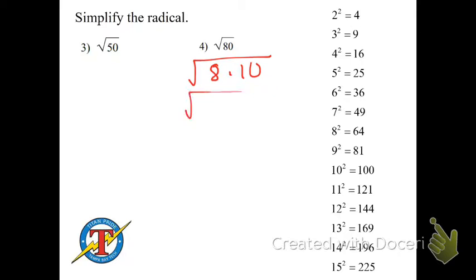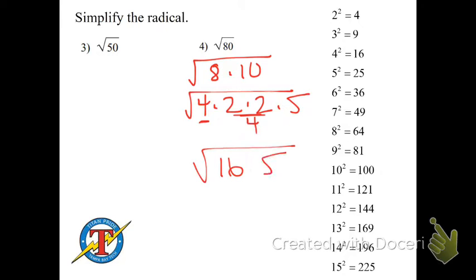Well, break those two numbers down again. 4 times 2 and 2 times 5. This might give you a hint. I can already do the square root of 4. This is another 4. 4 times 4 is 16. There's lots of ways to think of it, but in the end, this is the same as 16 times 5, and that's why the answer is 4 root 5. Just as a fallback to not coming up with the 16.